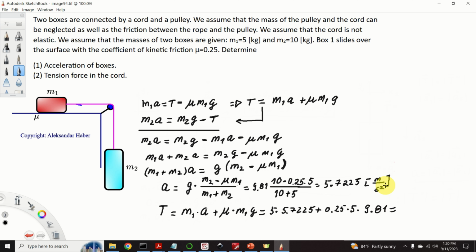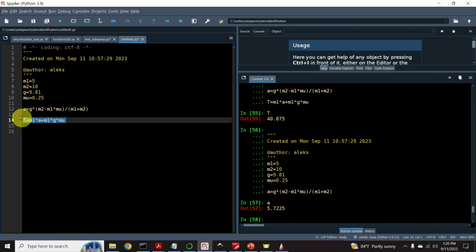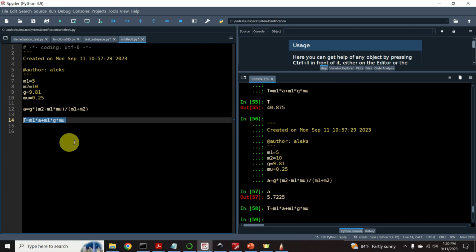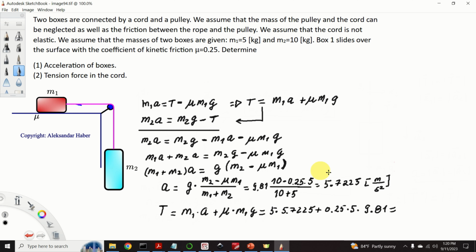And as the result we obtain that T is equal to 40.875 newtons. And that's the solution of the problem.